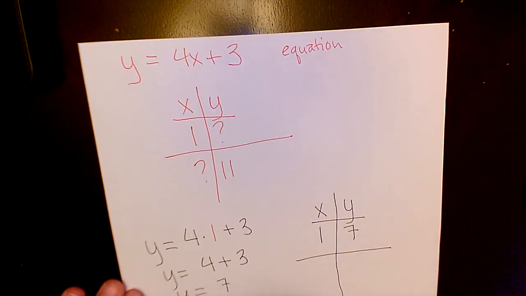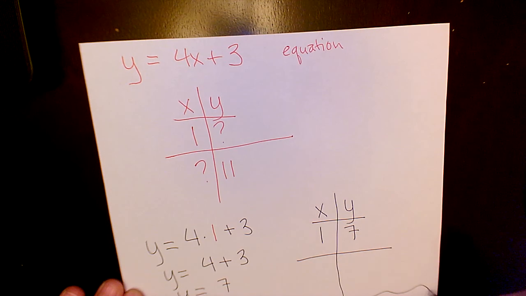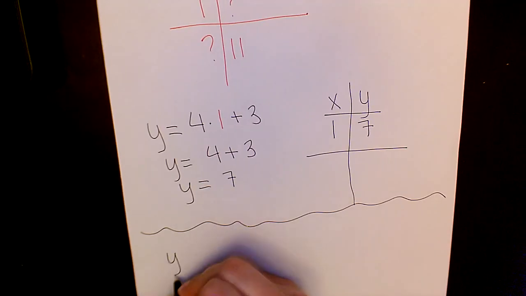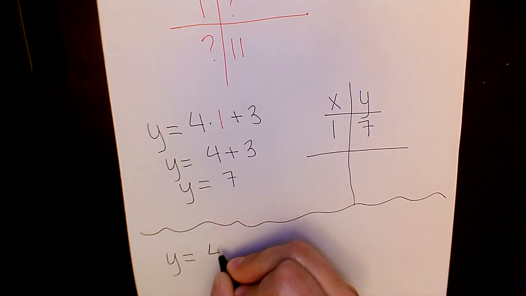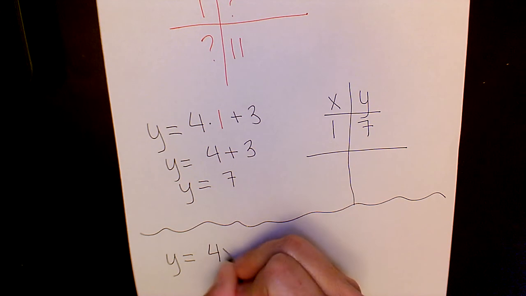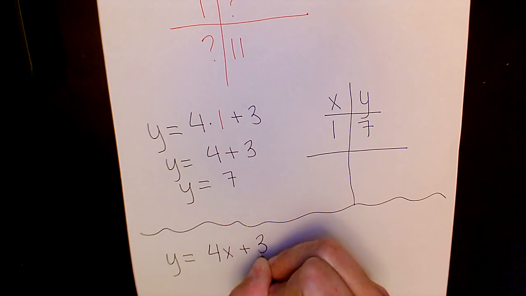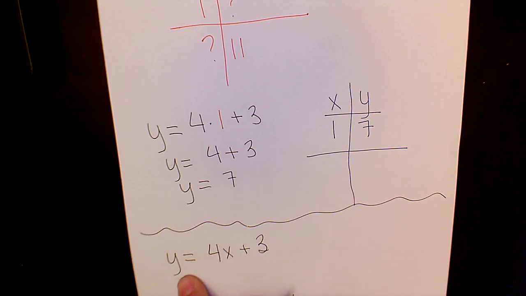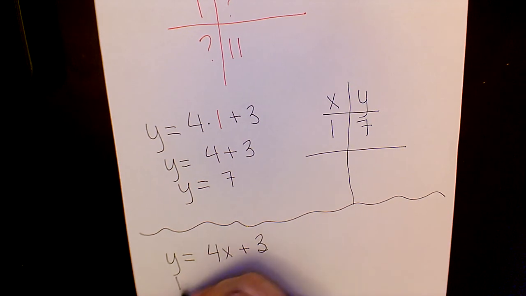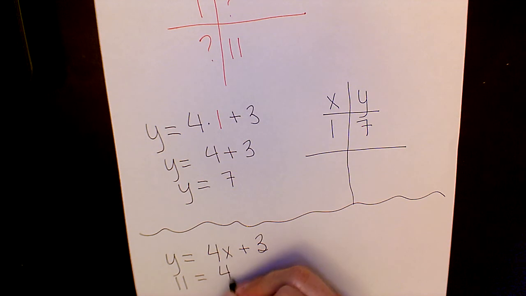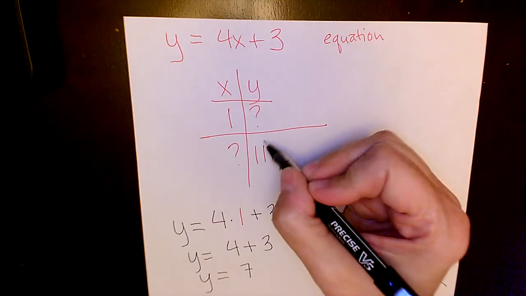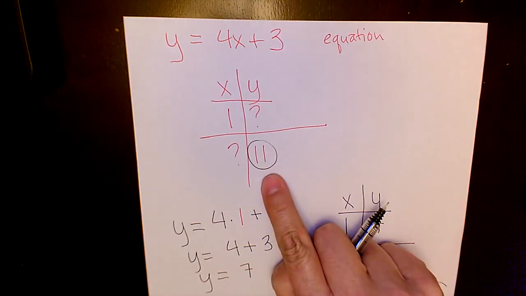Now for the second part of the problem, I don't know x, so y equals 4x plus 3 again. I know y is 11, so I'm going to replace that y with 11, because here's the 11 they're giving me for y.